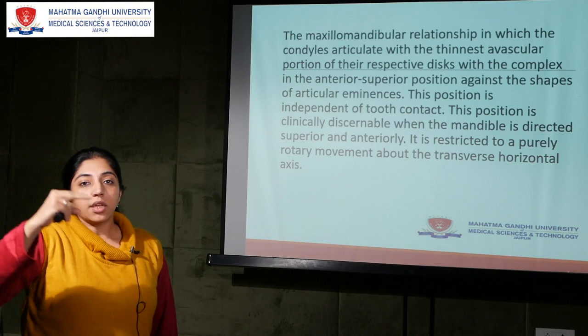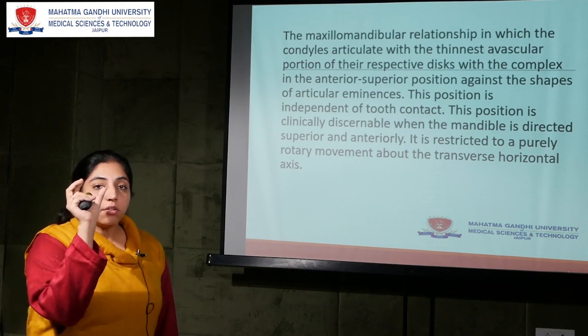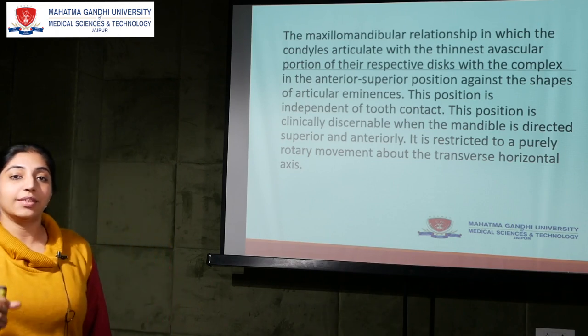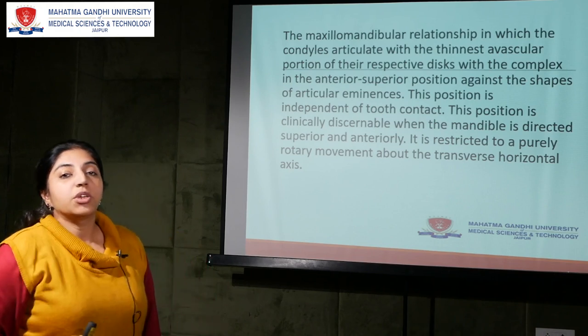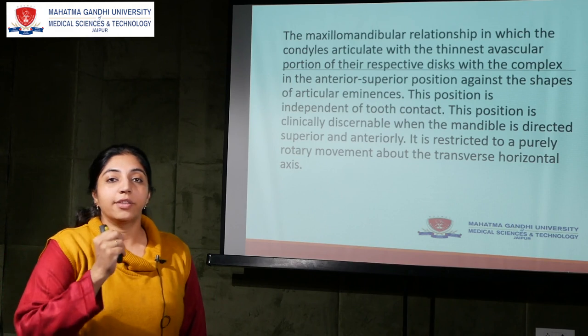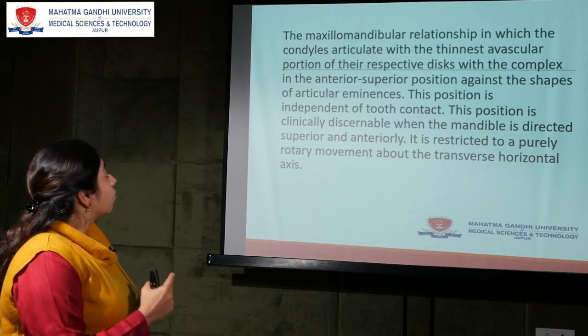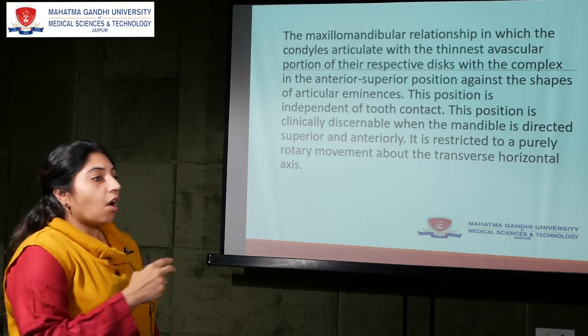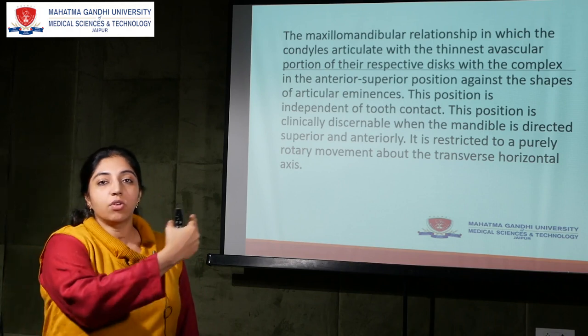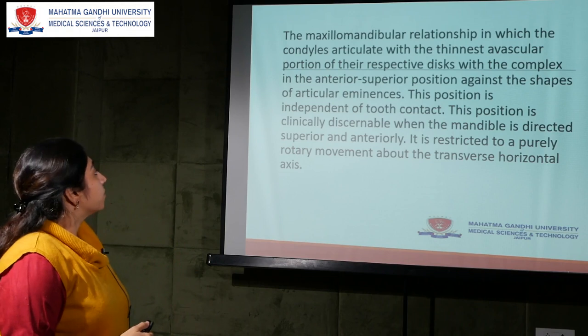If you remember the anatomy of the articular disc, the central portion of the articular disc is absolutely thin and it is avascular. It is there that the patient will have no pain if the condyles were to articulate. Therefore, it says condyles articulate with the thinnest avascular portion of their respective disc, which means the right side will go to the right and the left will go to the left.